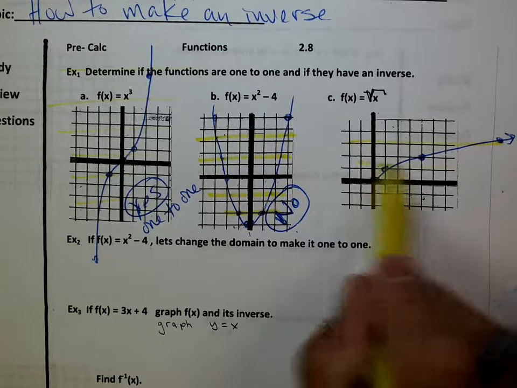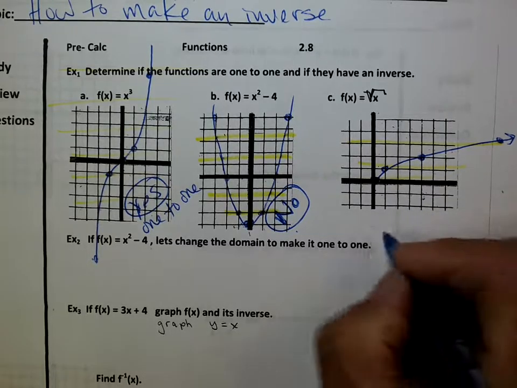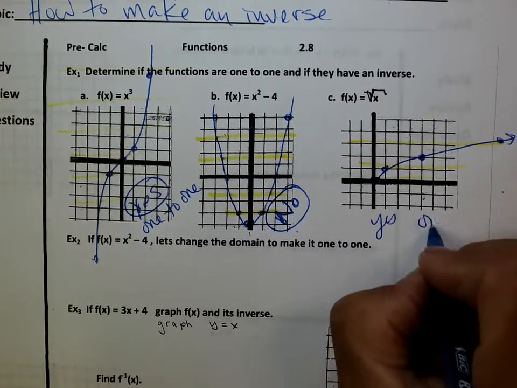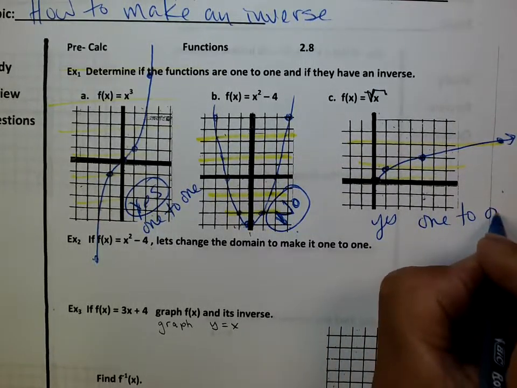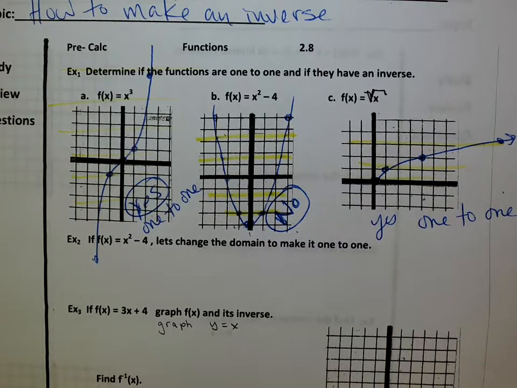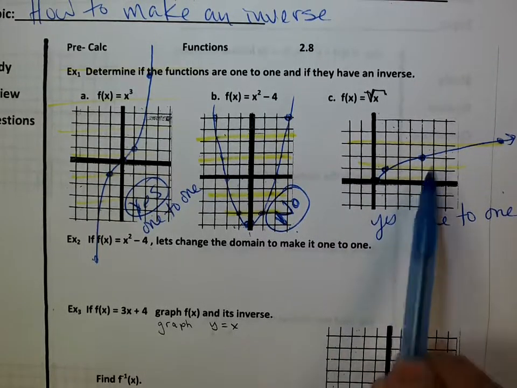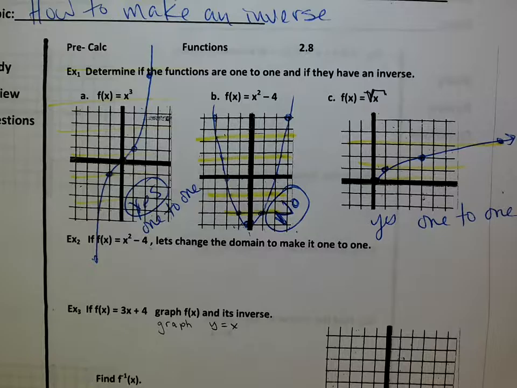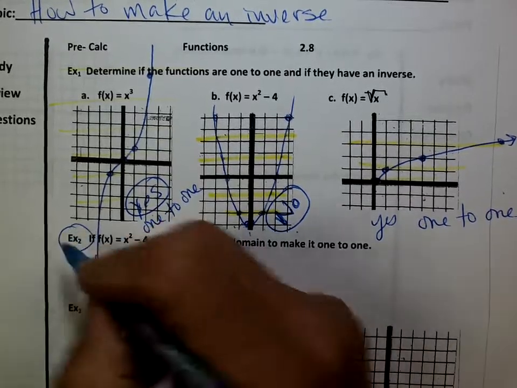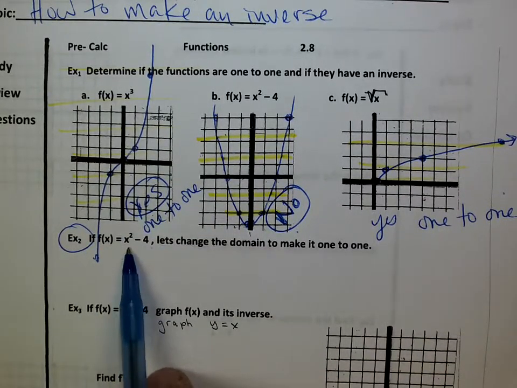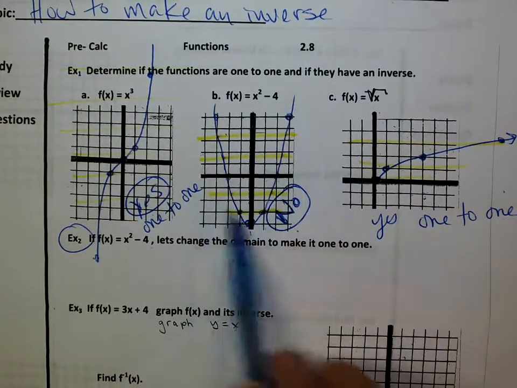It's going to pass the horizontal line test, so yes. This one is 1 to 1. Every y has a unique x, and every x has a unique y. There's only one point, no double points, okay? So, in example 2, it says f of x equals x squared minus 4. That's this one here, right?